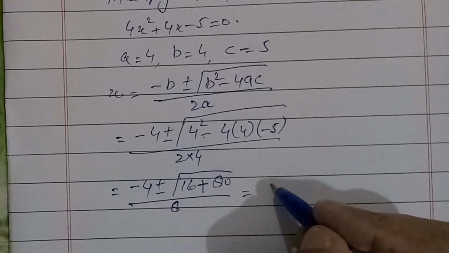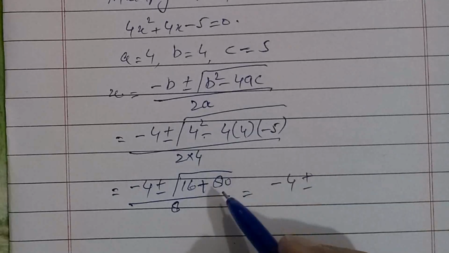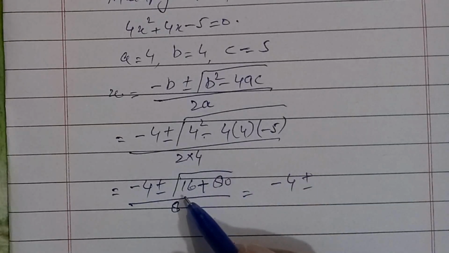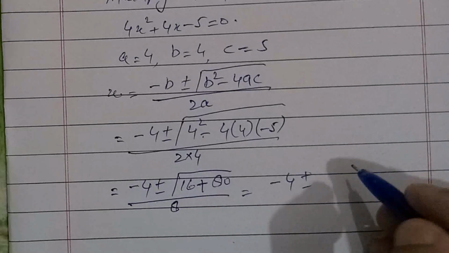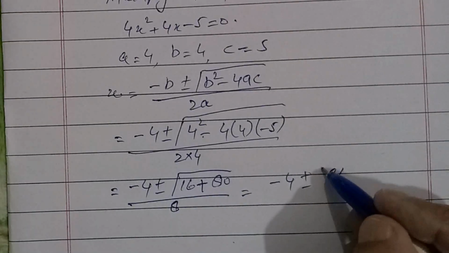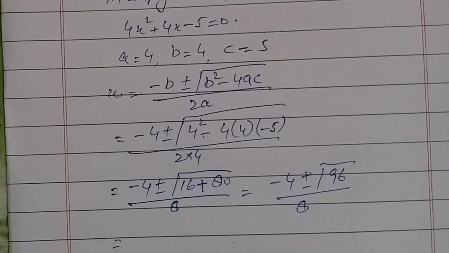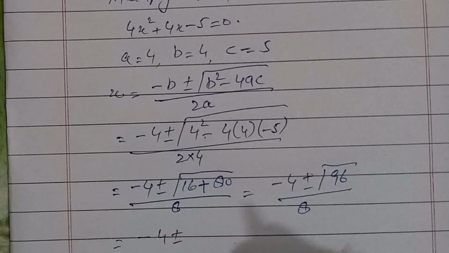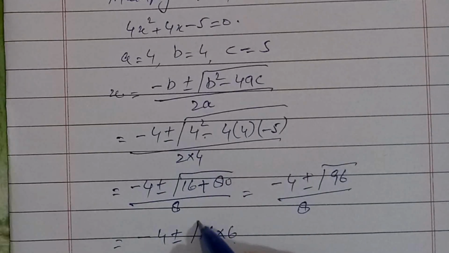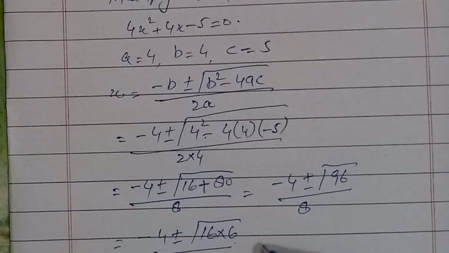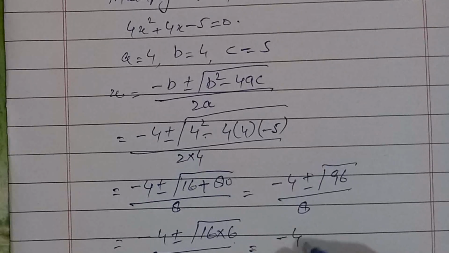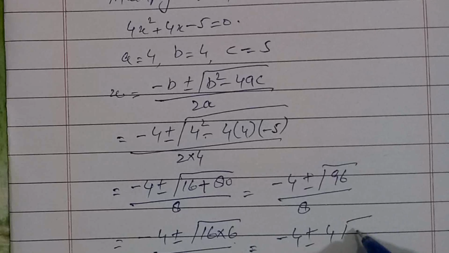Now simplify: 16 sixes are 96, so we get (−4 ± 4√6) / 8.